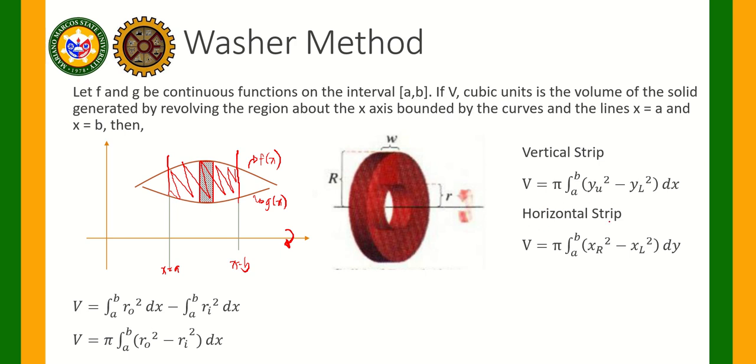And for horizontal strip naman, we will have pi times the integral of x right squared minus x left squared dy, limits from a to b. Okay, so these are the formulas we need to remember in using the washer method.